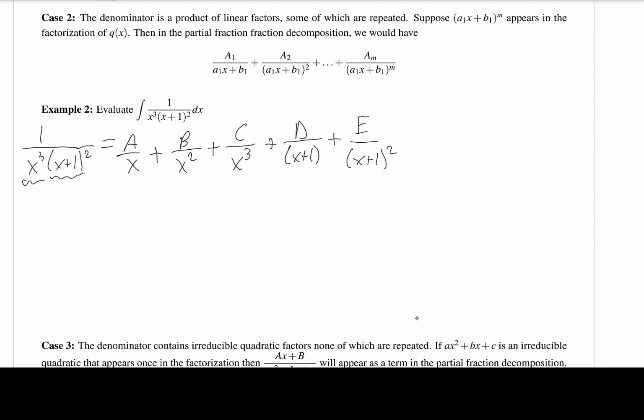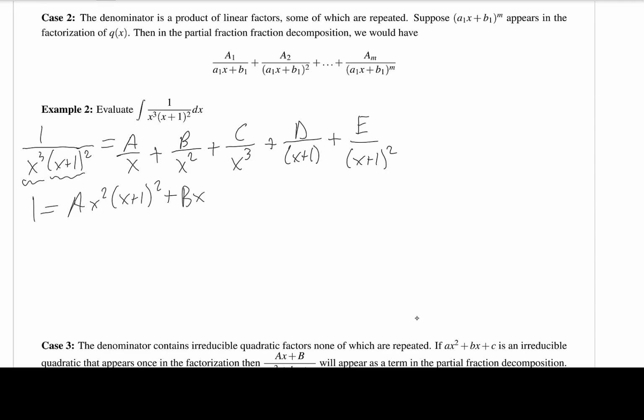Now, what we need to do is the same thing we did on the last problem, where we multiply both sides by the denominator. When I do that, I'll get 1 equals, okay, so if I multiply this right here with x cubed over x plus 1 squared, I'll cancel out with one of the x's and I'll be left with ax squared times x plus 1 squared.